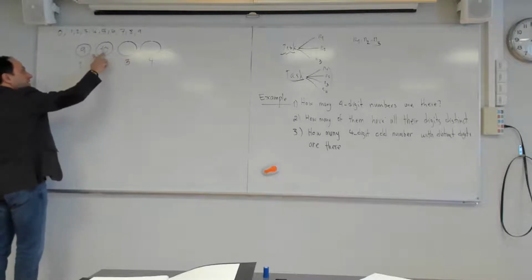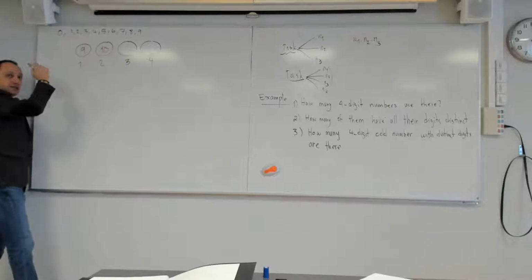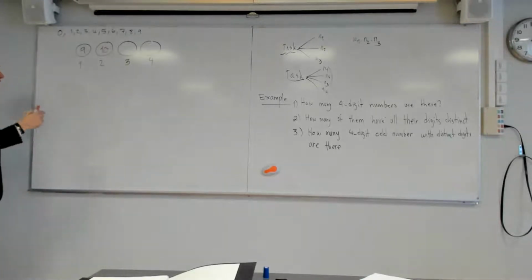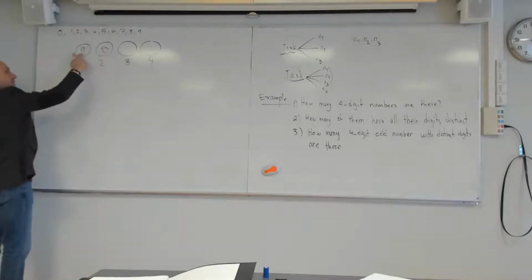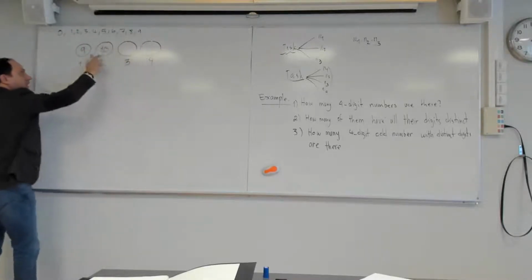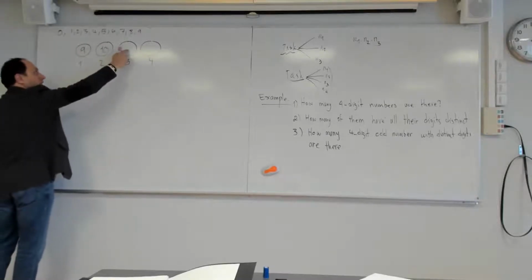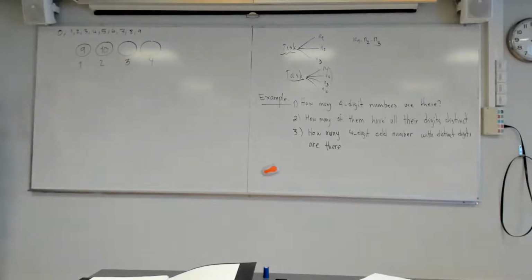And then, is this 10 independent of how I have done the first one? You need to answer this. You need to train your brain to think all the time in this way. Is this 10 independent of how I have done the first? Yes, because it doesn't matter which one I have chosen. I still have 10 options available for the second one. But how many are there here? Again 10.